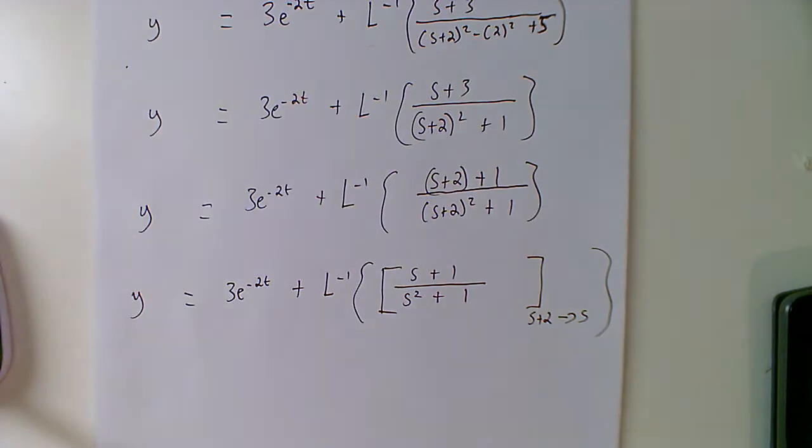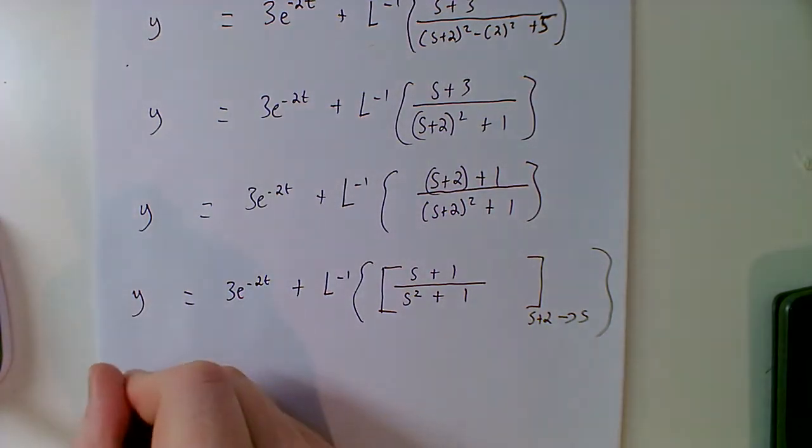Now, that nearly looks like the Laplace transform for sin or the Laplace transform for cos. But in the Laplace transform of sin and cos, I can't have an add or subtract on the top. So what I'm going to have to do is split that fraction into 2 bits.